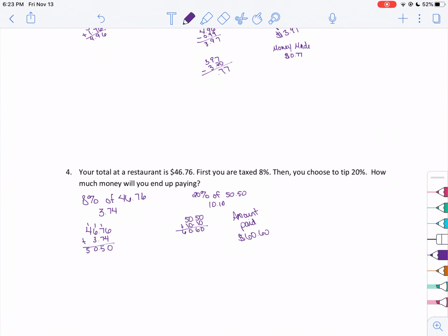Okay, so first we found what our tax was, and so we added that to our total. Then we found our tip amount, and then added that to our total. So we got our final total with our tax and tip.